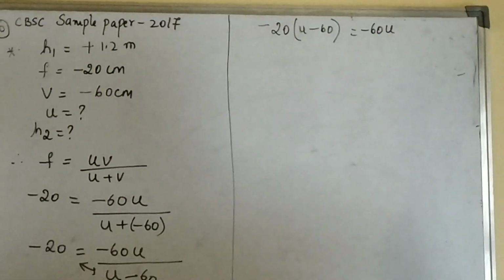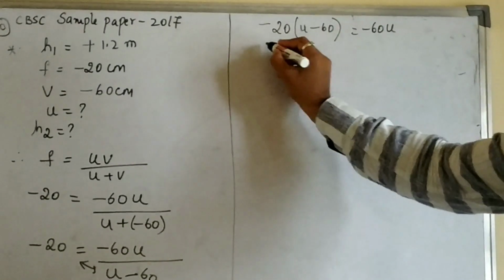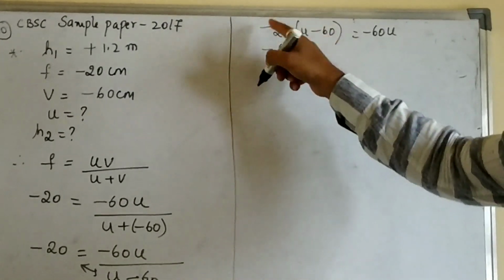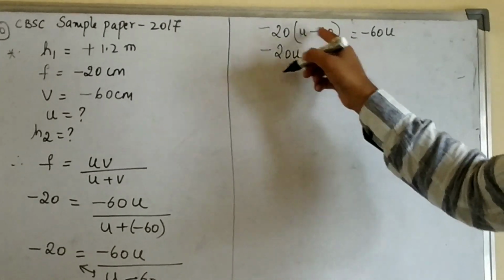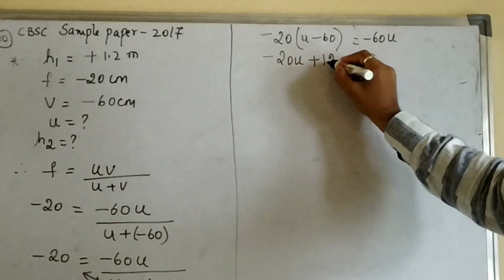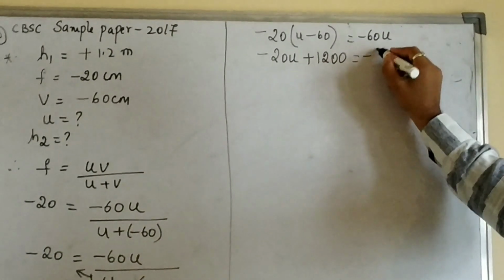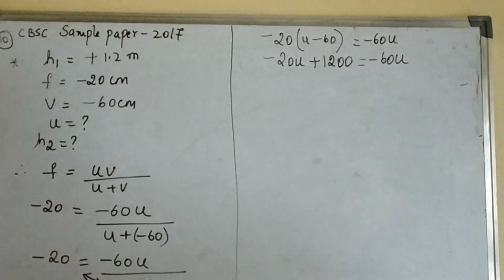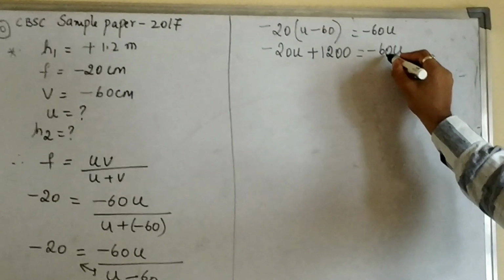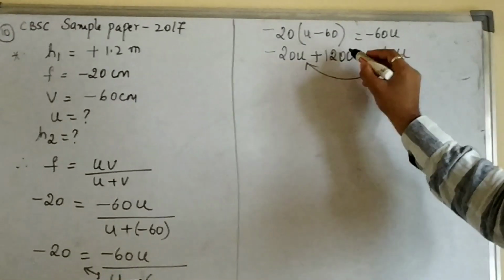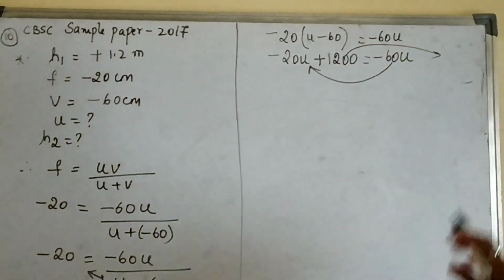Now bring the terms outside the brackets. Minus 20u, minus into minus plus 60 into 20 is 1200. 6 2s are 12. Is equal to minus 60u. Now what you have to do? Bring this minus 60u to this side and move this 1200 to the right side.